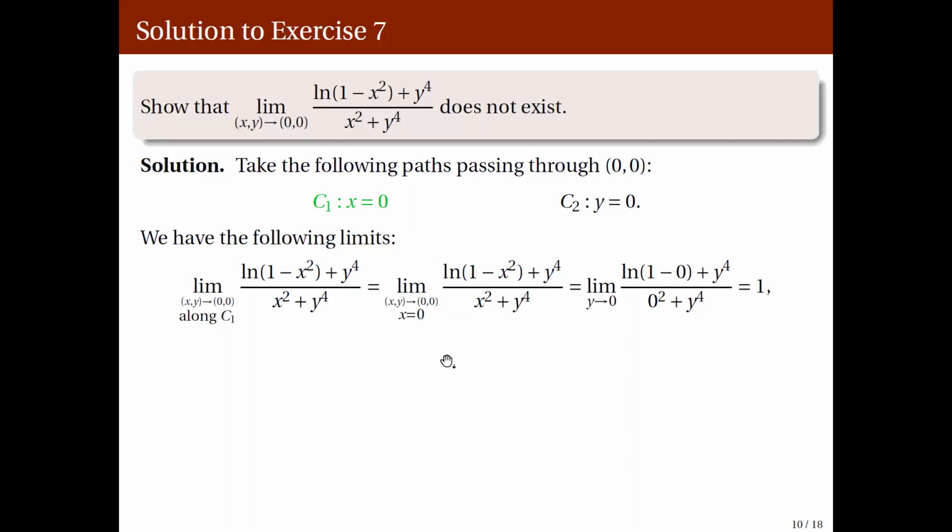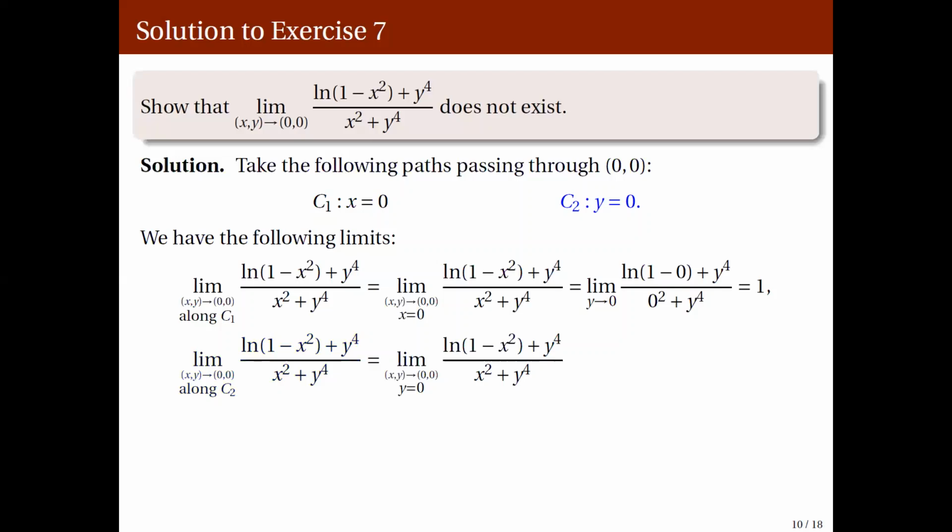While at C2, this limit along y equals 0 becomes a limit as x approaches 0 of the y to the 4, they will disappear essentially, no? They will be 0. And we are left with ln of 1 minus x squared over x squared. Yikes. It's 0/0. Indeterminate.